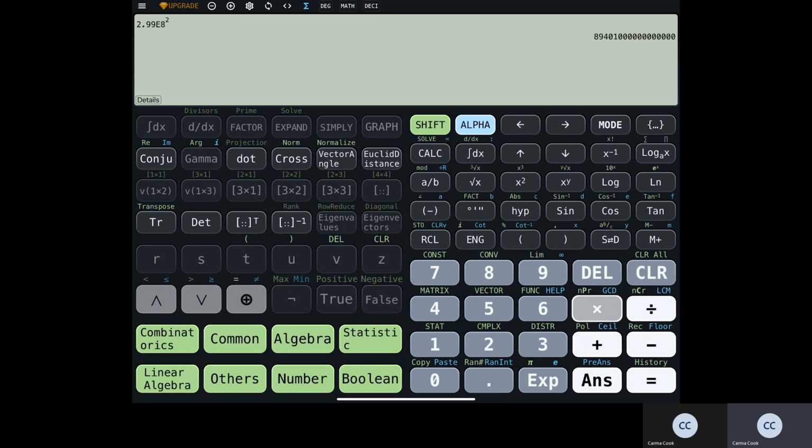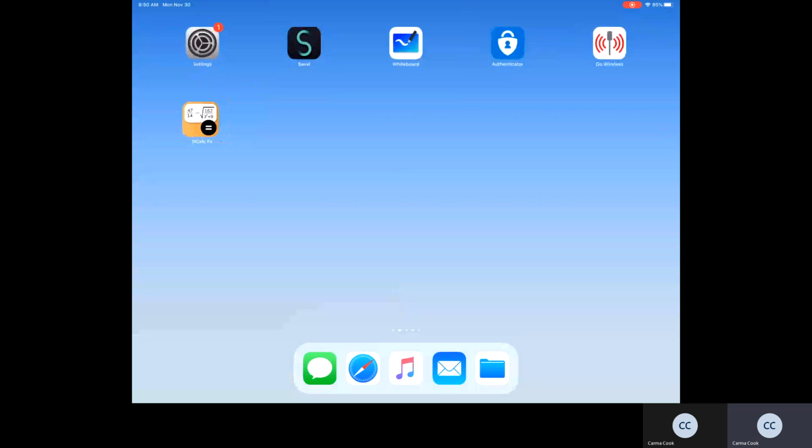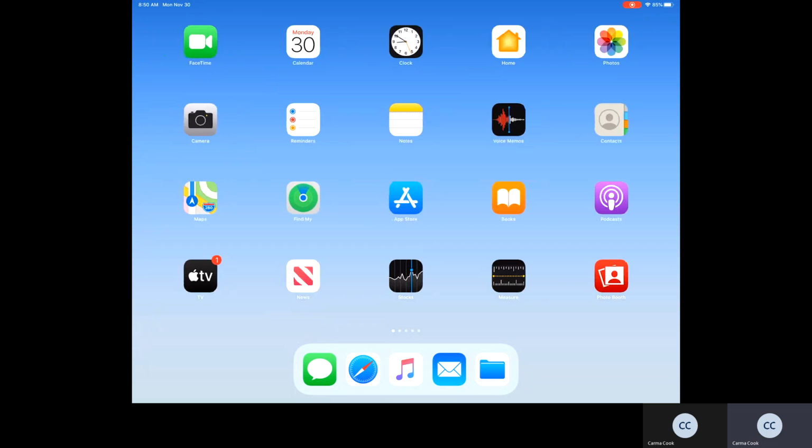And then I need to multiply that times 1 times 10 to the negative 3. So make sure you're accessing the correct functions on your calculator.